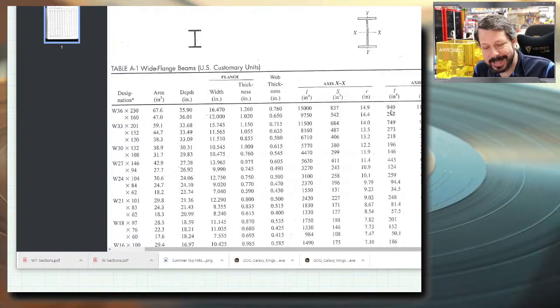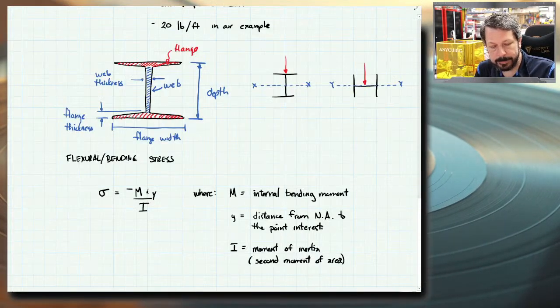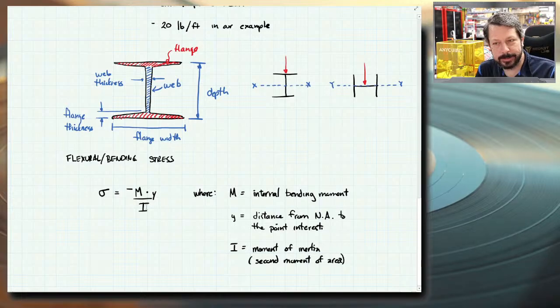But when you load it from the side, it's 940. So you could take the same kind of equation here, and if the denominator is 15,000 in one case and 940 in the other case, then you can imagine the difference in the stress under those two different loading scenarios.